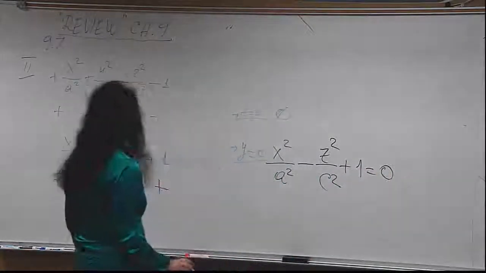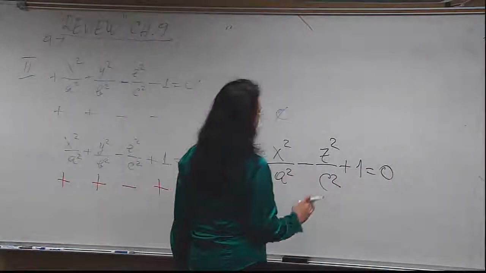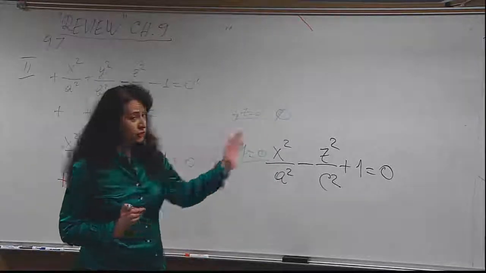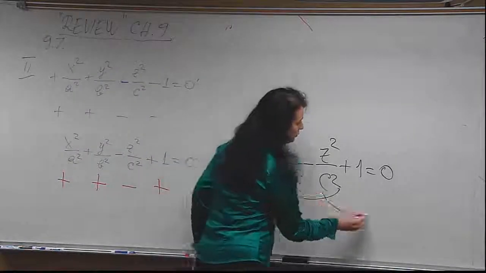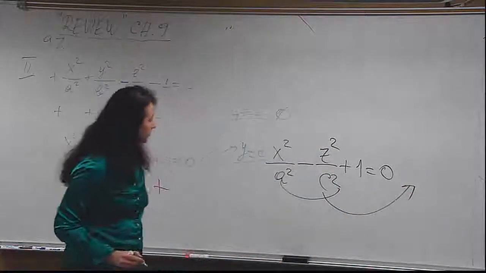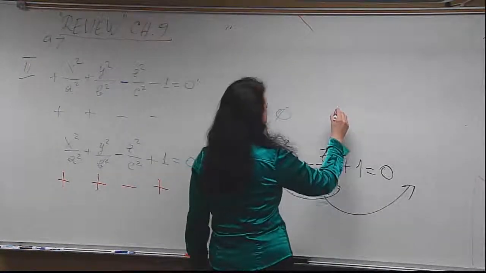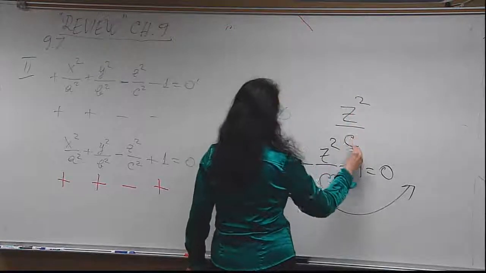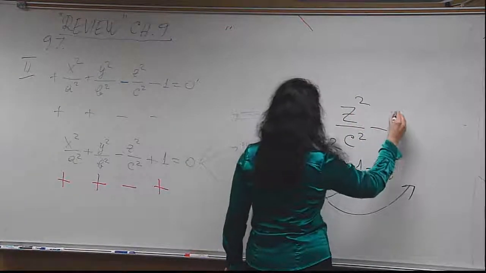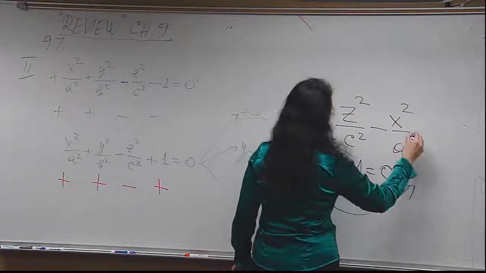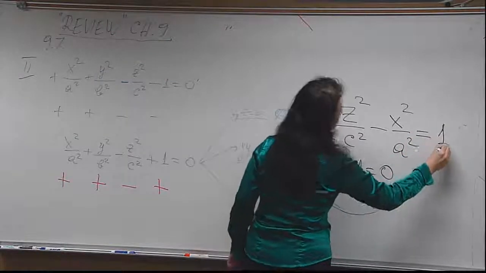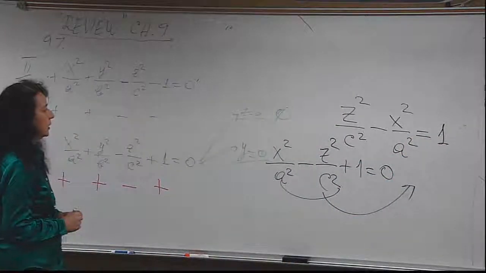And you say, oh, wait a minute, I don't like this. If I shift this guy to the right, you have to be a little bit creative in mathematics, then I'm going to have the same thing as z squared over c squared minus x squared over a squared minus 1 equals 0. Okay?